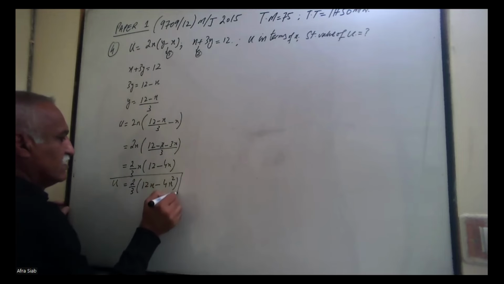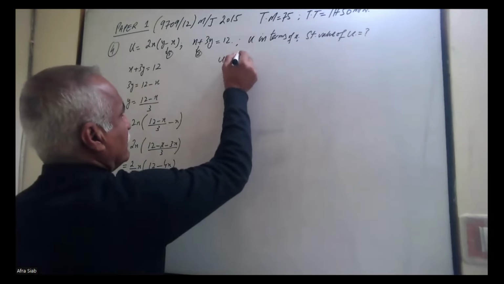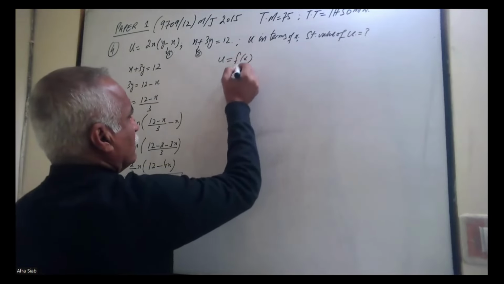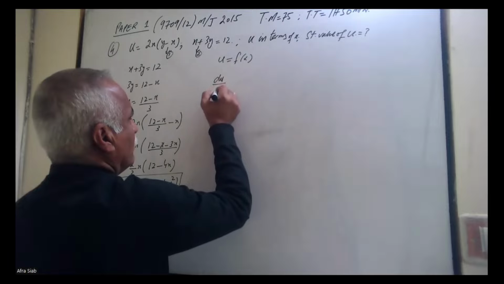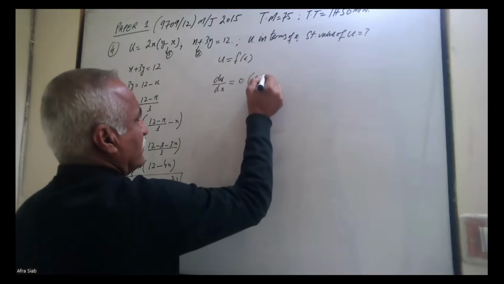So this is u in terms of x in the first part. Then they are asking to find the stationary value of u. We know that u is a function of x now, so for the stationary value we take du by dx and put it equal to 0.